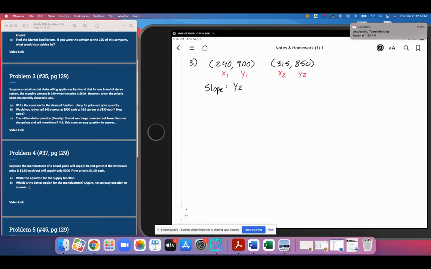So we will have y2 minus y1 over x2 minus x1. And we will be getting, it looks like, 850 minus 900 over 315 minus 240.